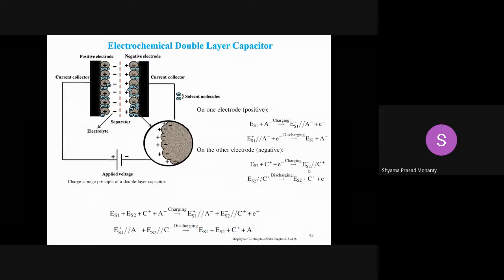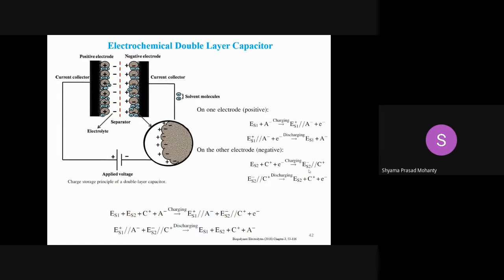The next one, which is another storage device, is the electrochemical double layer capacitor. Mostly carbon has been the preferred material in these double layer capacitors. We can store the charge, and we can utilize it when it is required.